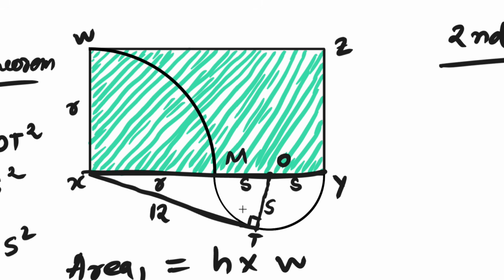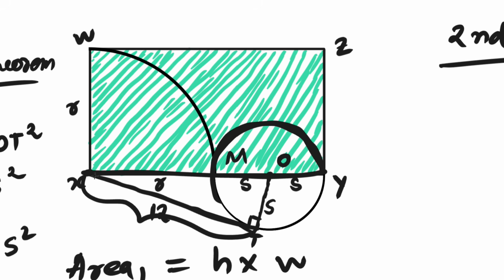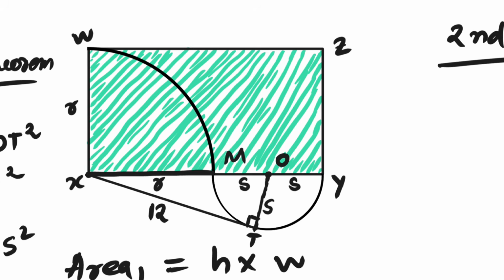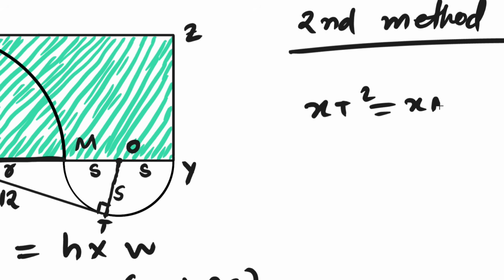It states that if a tangent and a secant are drawn from the same external point, then the square of the tangent length equals the product of the external part of the secant and the entire secant length. Here, the tangent is XT, and the secant lies along the bottom side of the rectangle. According to the theorem, XT squared equals XM multiplied by XY.